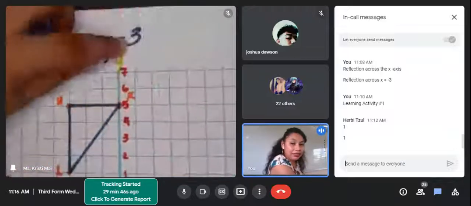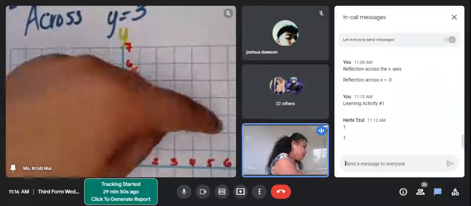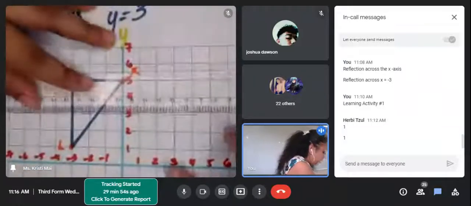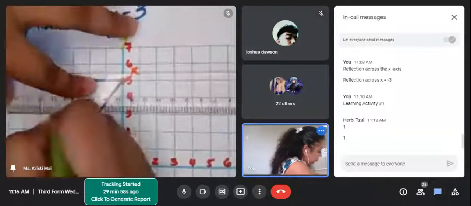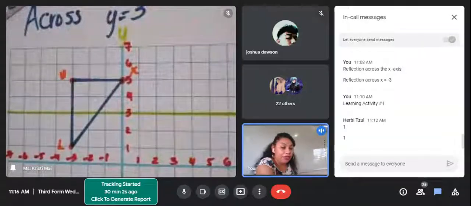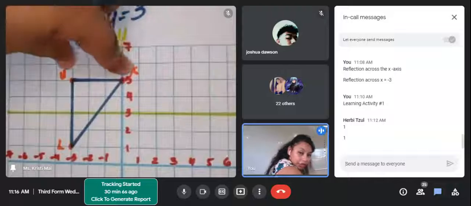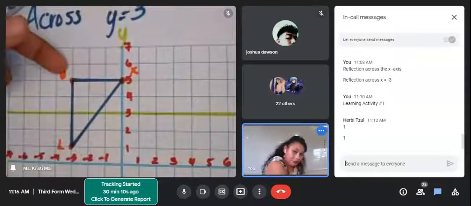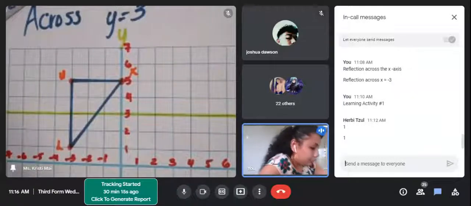And it's +3, so +3 is right here, and this is where I'm going to be drawing my line, right on the 3. And that is my line where the reflection will happen. So these 2 points will end up being at the bottom, and this point will end up being at the top. All right? So let's go ahead and do that.